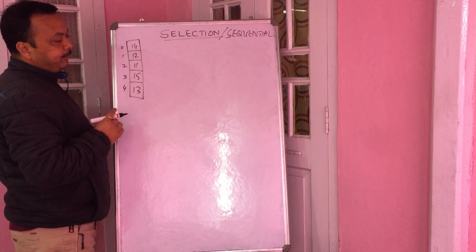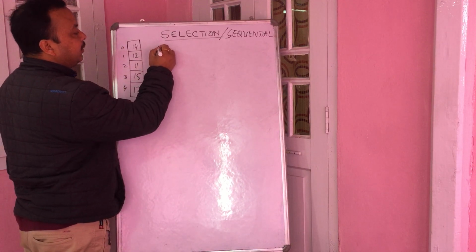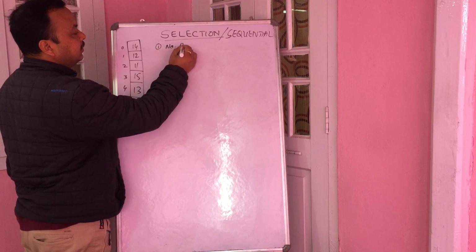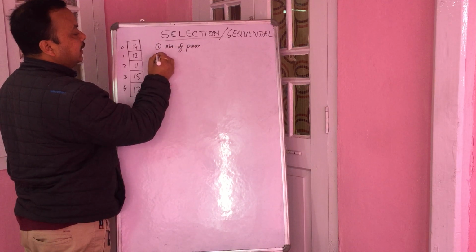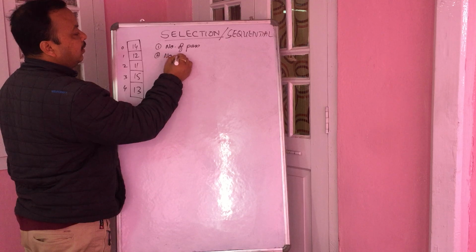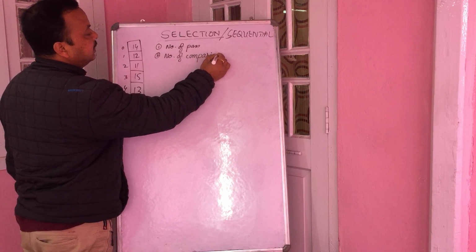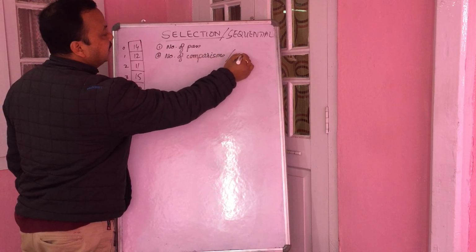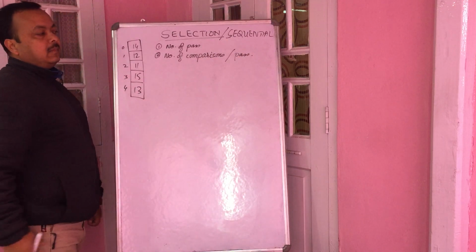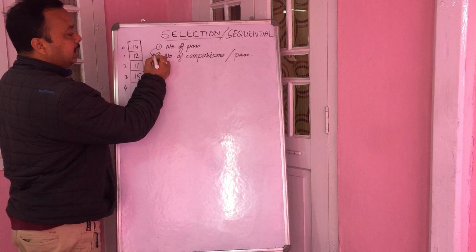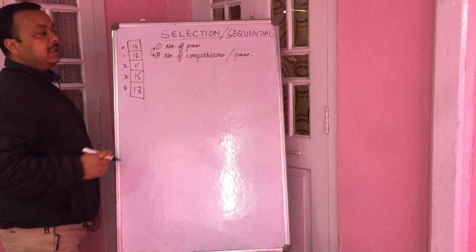The first thing that you have to remember is the number of passes, and second is the number of comparisons per pass. So these two are nested inside each other.